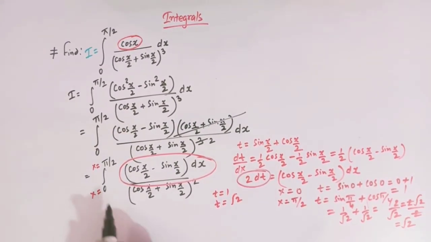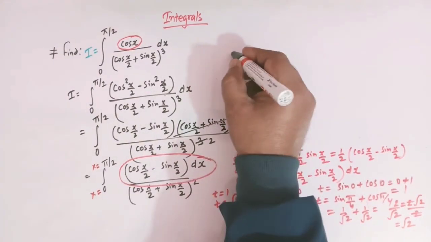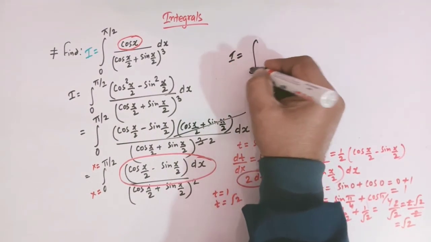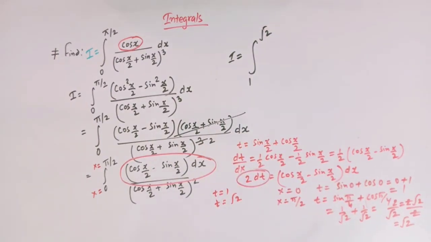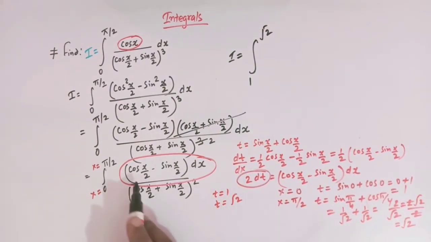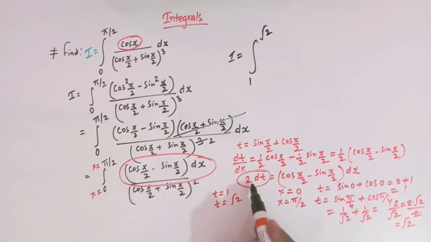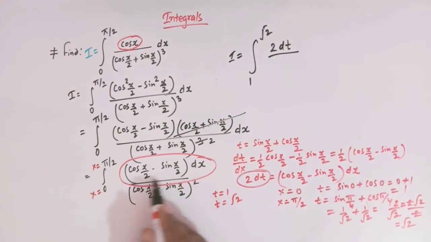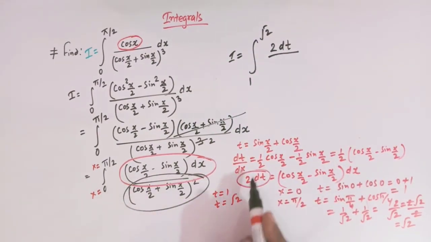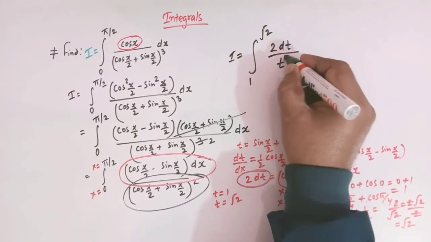So now we can write our integral I as the integral from 1 to square root of 2, and for cos x by 2 minus sin x by 2 dx we have 2 dt, and for this term we have t square, right?